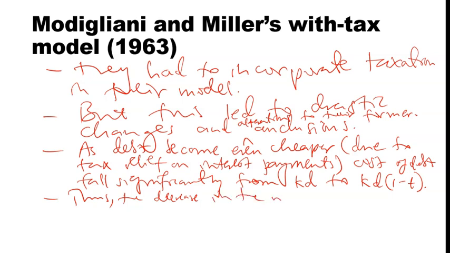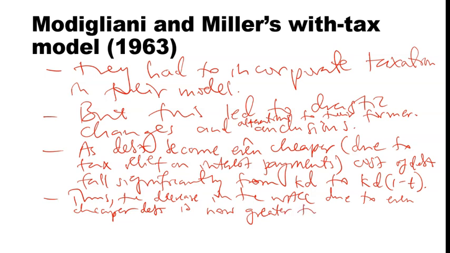Thus, the decrease in the WACC due to even cheaper debt is now greater than the increase in financial risk, the cost of equity geared.